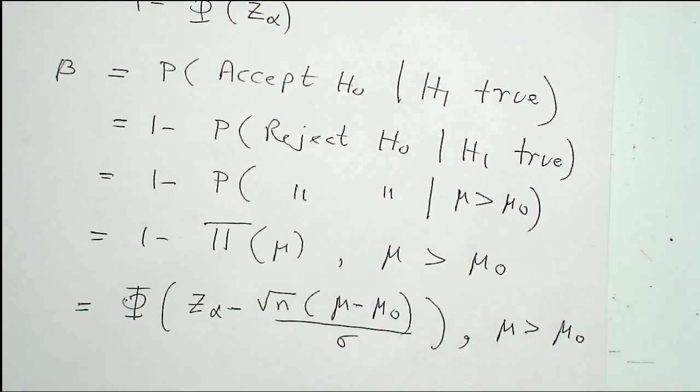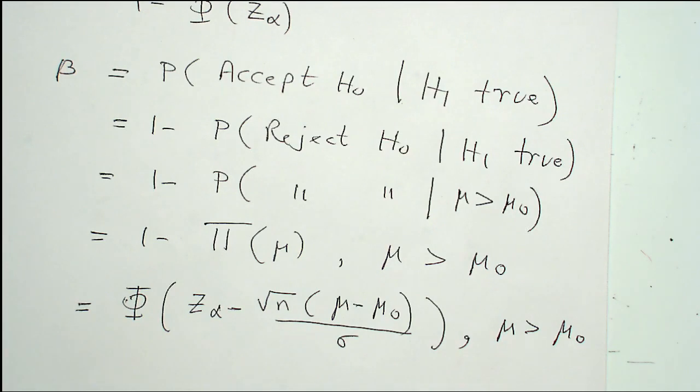Is that clear, guys? So this is the expression for beta given that mu is greater than mu 0. All right, that's only the first test.